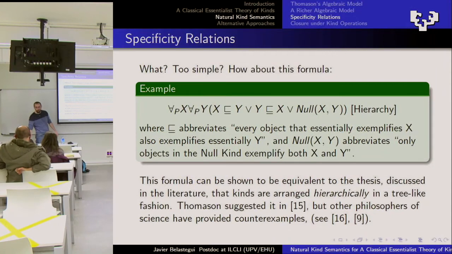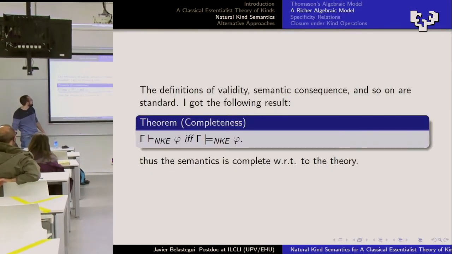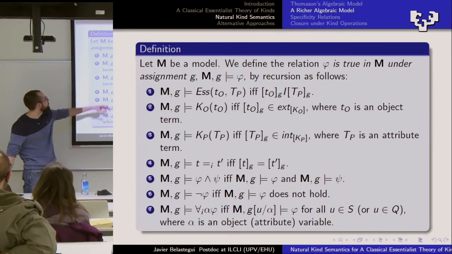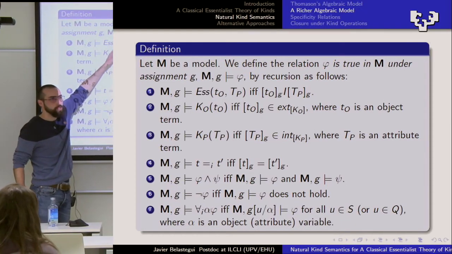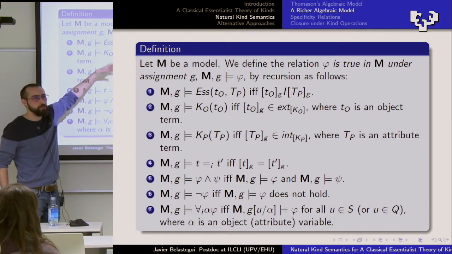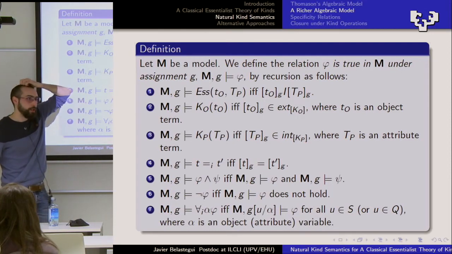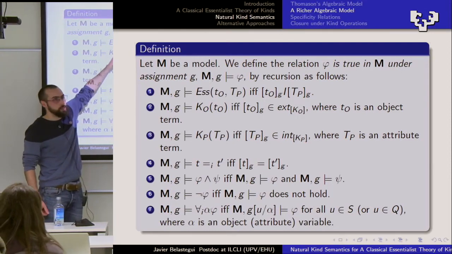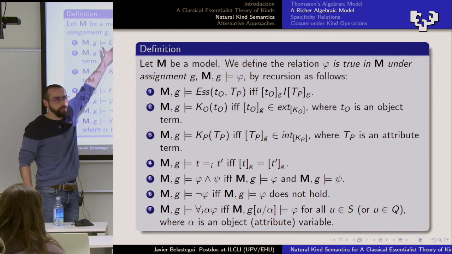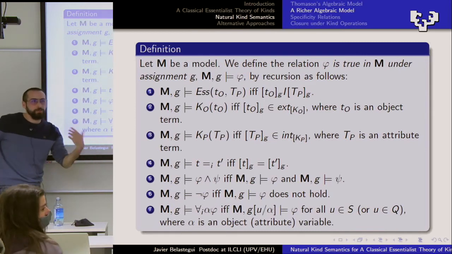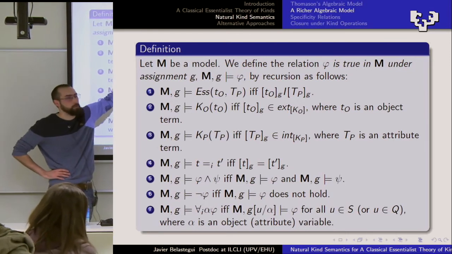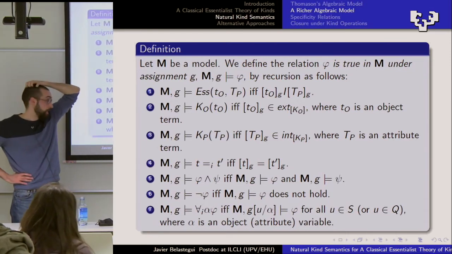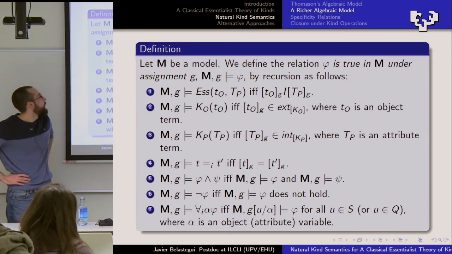But if you basically take the atomic formulas of this form and call it something else, like exemplifies, and forget about essence, you have an object exemplifies an attribute if and only if in the skeleton the object exemplifies the attribute.